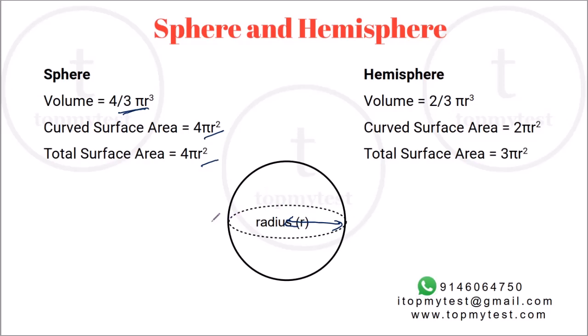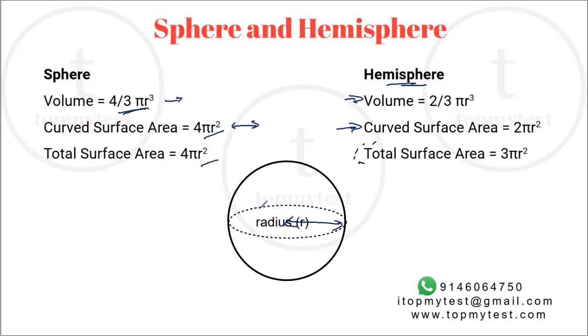Now, when you cut the sphere into two equal halves, you will get a hemisphere. Volume will be half of the volume of a sphere. Curved surface area will be half the curved surface area of the sphere, but the total surface area is not half of the total surface area. Why?